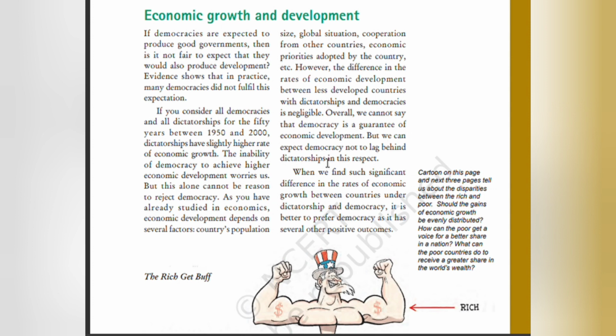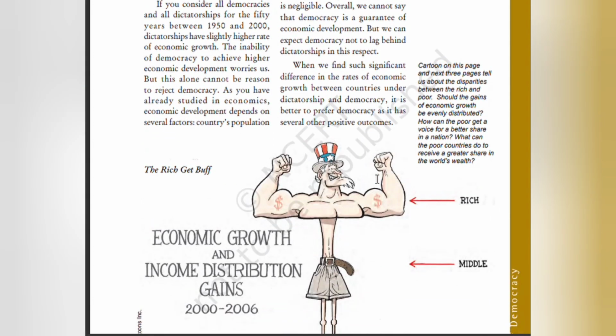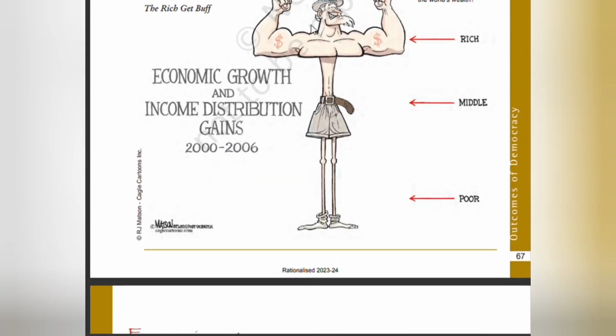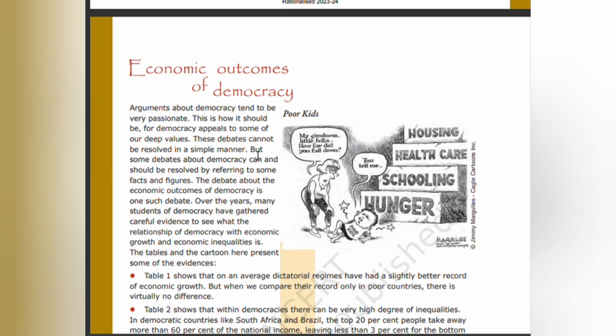But we can expect democracy not to lag behind dictatorship in this respect. When we do not find such significant differences in the rates of economic growth between countries under dictatorship and democracy, it is better to prefer democracy as it has several other positive outcomes. Here is the rich, the middle, and the poor: economic growth and income distribution gains, 2000-2006.